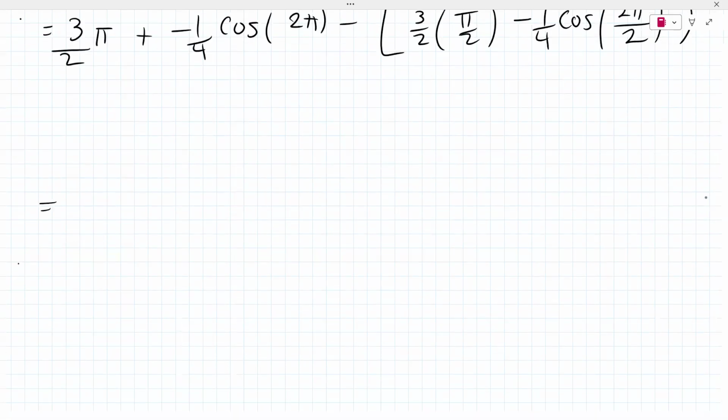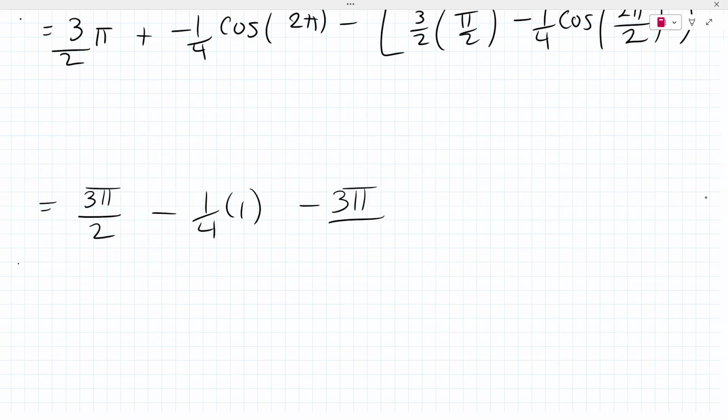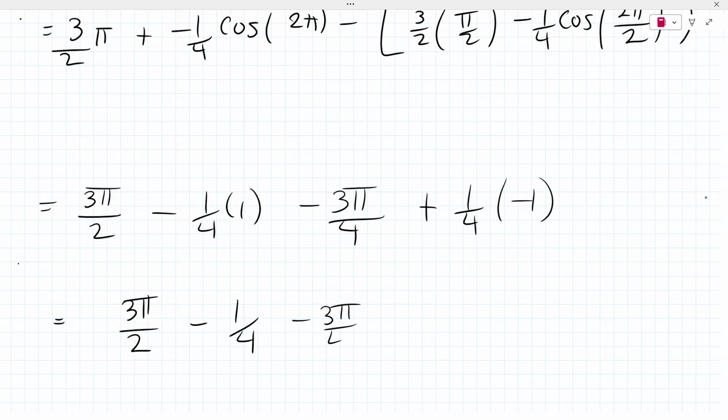This is going to be 3 pi over 2 minus 1/4 times 1 minus 3 pi over 4 plus 1/4 times negative 1. When you simplify this, this is going to be 3 pi over 2 minus 1/4 minus 3 pi over 4 minus 1/4.